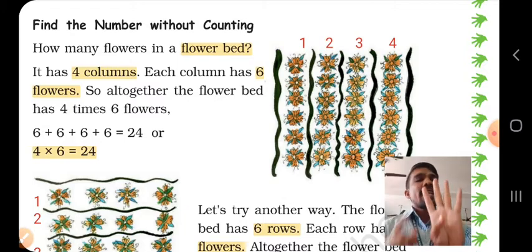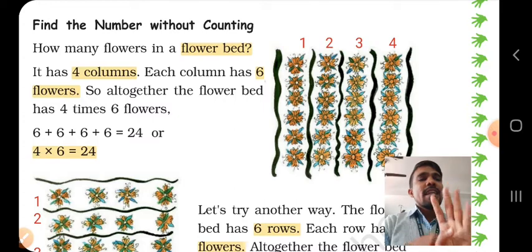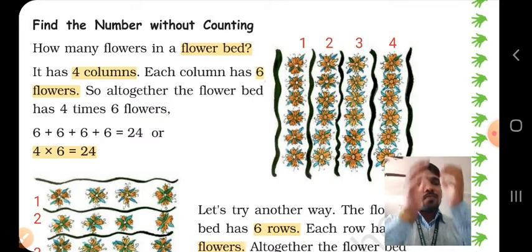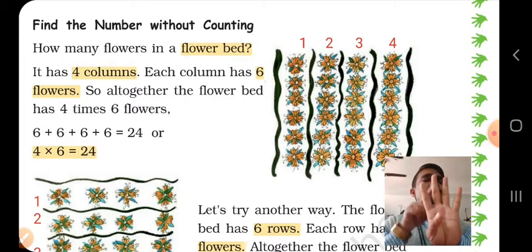A column is standing lines. When you draw standing lines, those lines are called columns. Fine. You might have heard this about buildings or at your home also. There is a strong column in front of our house. So column means standing lines. Standing lines means columns.